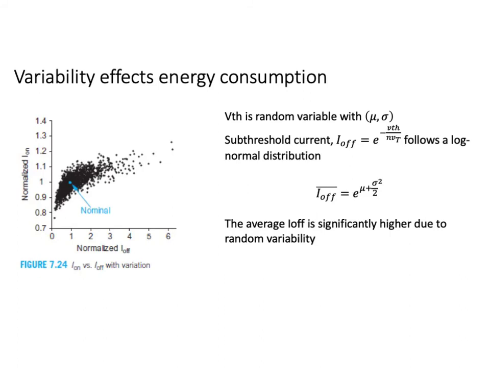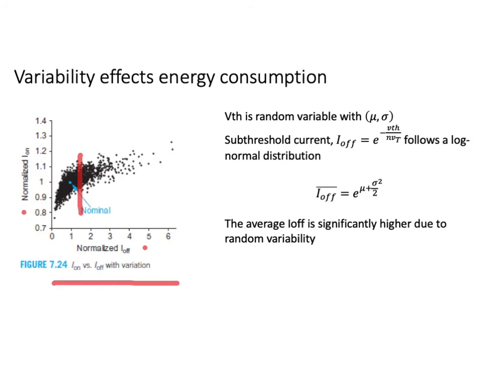This idea of the sub-threshold current changing so much, with so much variance due to the variability in threshold voltage. So if you plot the normalized on current, that is the current when the transistor is conducting, and the normalized off current, the sub-threshold leakage current, you find that the spread of normalized on current is like 20 to 30%, but the normalized off current varies at least 6 times to about 20 times.